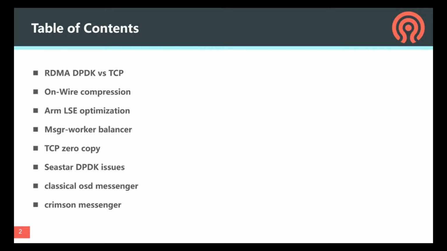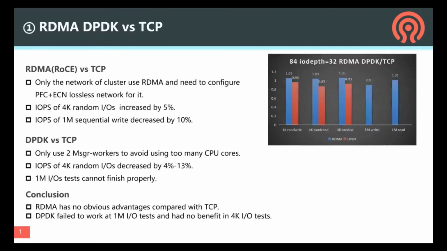Then we will talk about some issues when enabling Crimson with Seastar DPDK. Last, we will talk about the classical OSD messenger and the Crimson messenger.